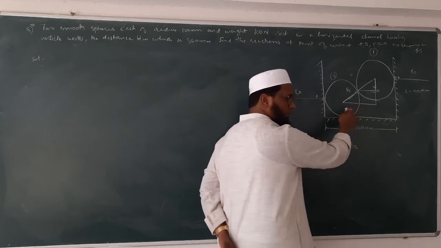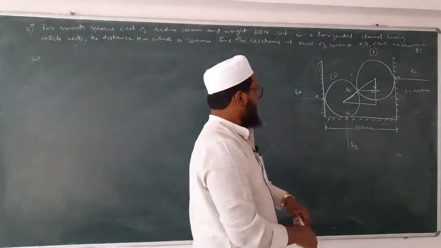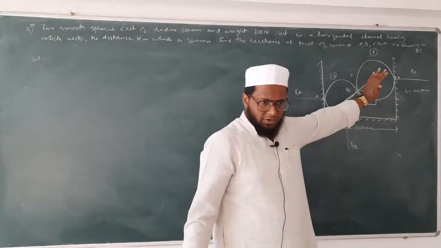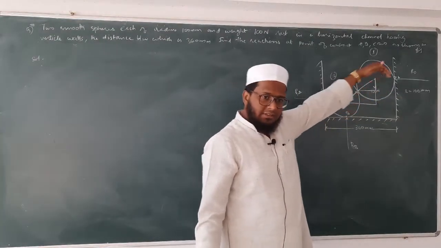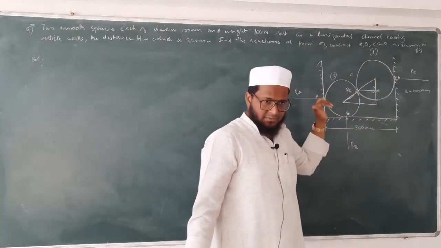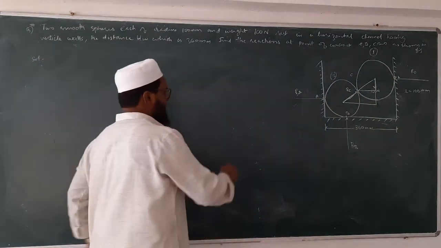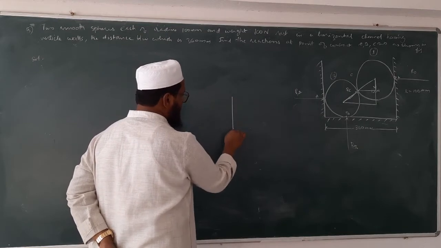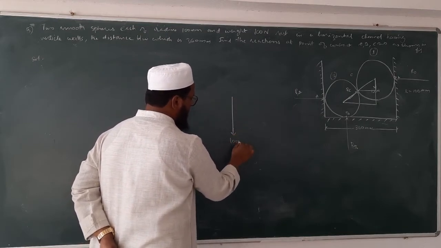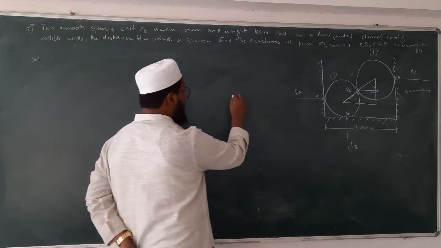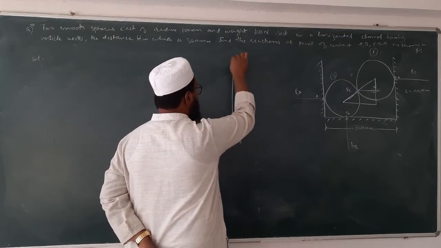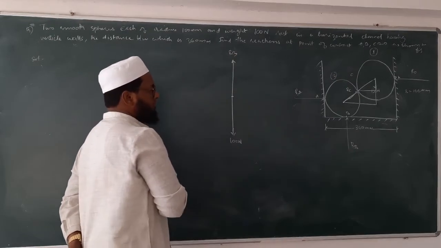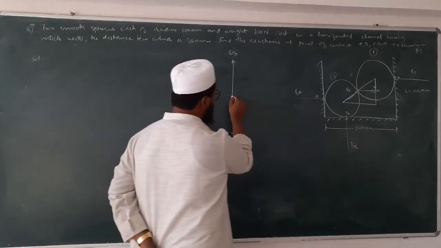Now for this figure, RC will act towards sphere 2. So I will draw the weight first. What is the weight of the sphere? 100 Newton. We have one more reaction, that is RB. Then RA.